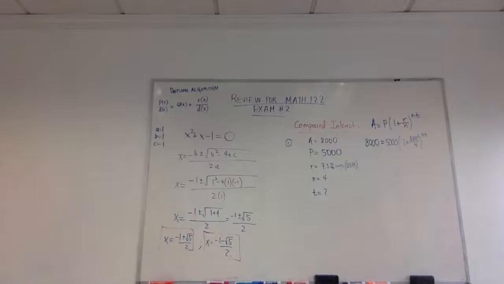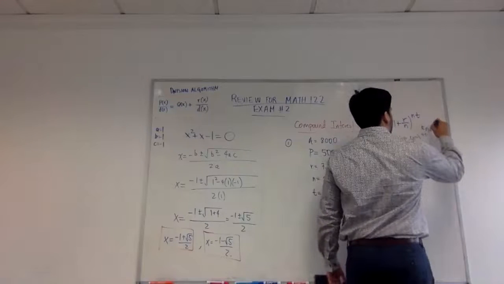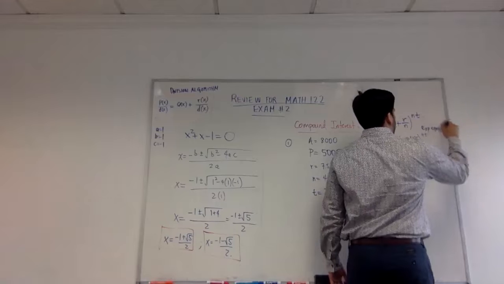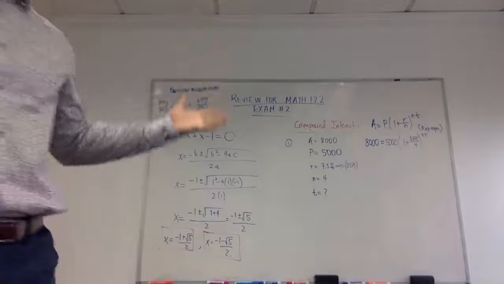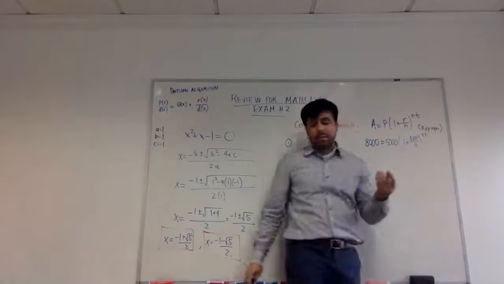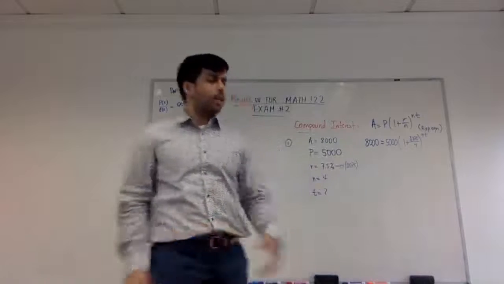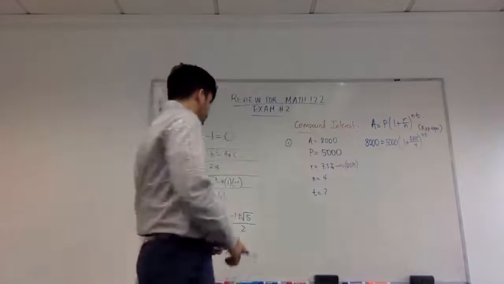So this is an exponential equation. The issue with this is that my variable is an exponent. But we know about logs. Logs take exponents and bring them down to the ground, which we want.